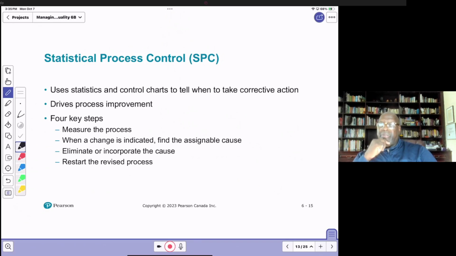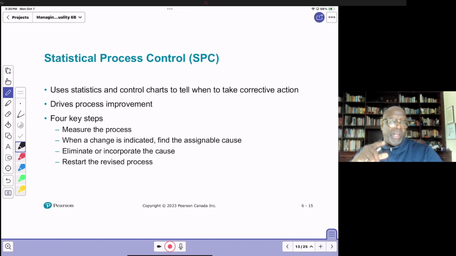And depending on if the process is a normal distribution, then we could use the 3 sigma control limits, that is, three standard deviation control limits. But then we do have some other types of distributions, such as a Poisson distribution, exponential distribution, that we'll talk about, that we use for different things.